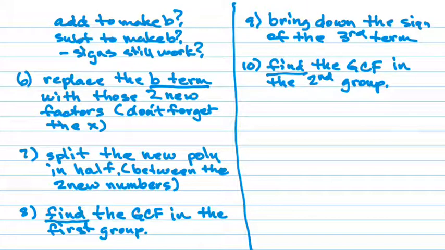Now, notice, it doesn't say look, it says what? Find. Well, all you're doing is finding GCFs. That's the factorizing part, right? Okay. Find the GCF in the second group. And this is the weird part, guys. Even if it's just a 1.